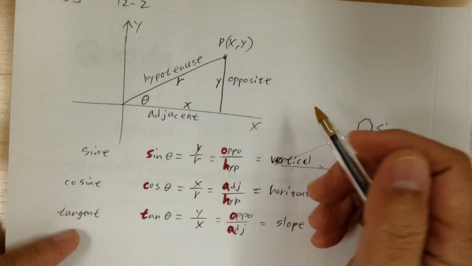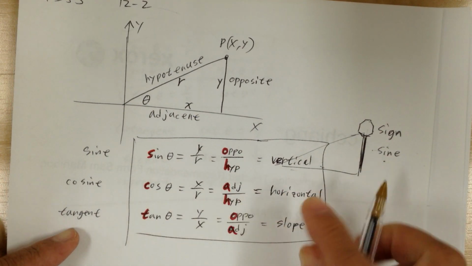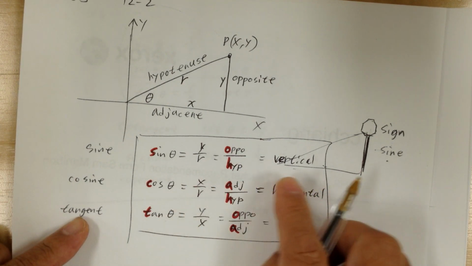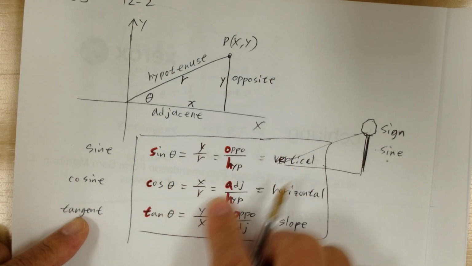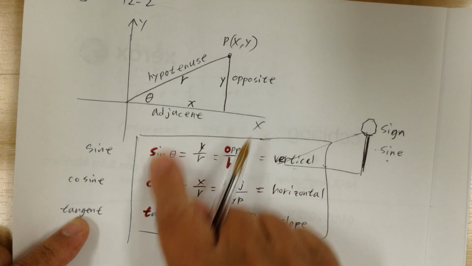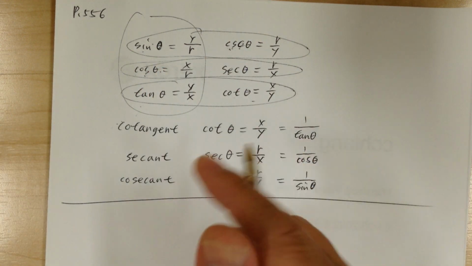Okay? So you got to know this right over here. So again, these are different ways of the definition. Depends what it's giving. Okay, depends what you use. Okay, but once you know the three, the other two are just reciprocals. Okay, so let's go over some examples.